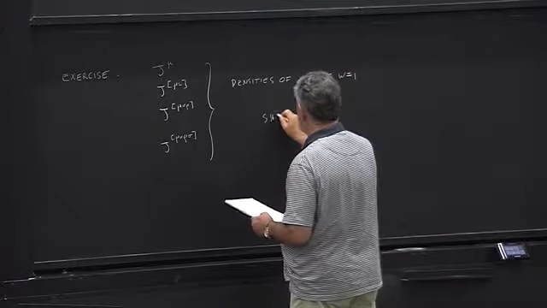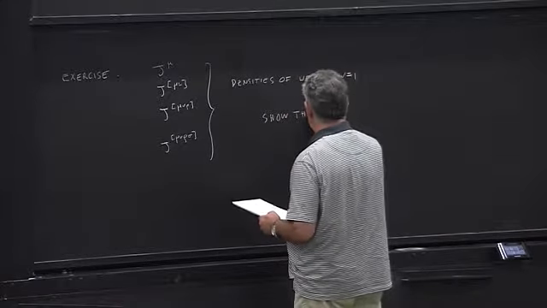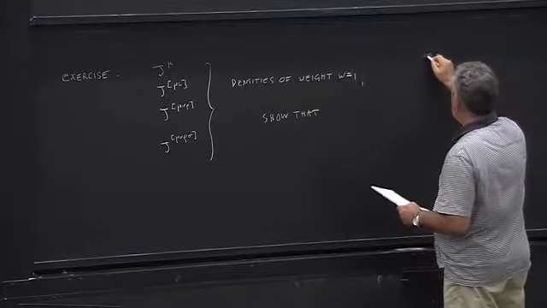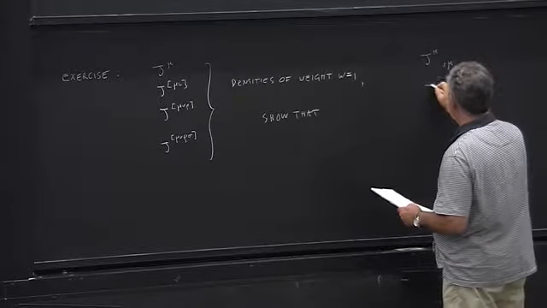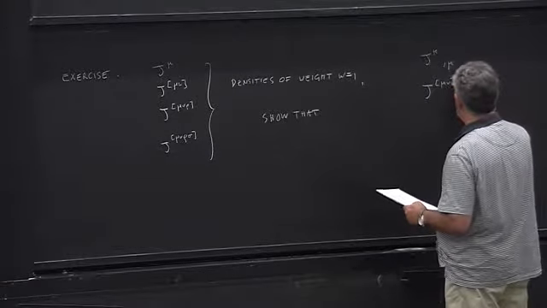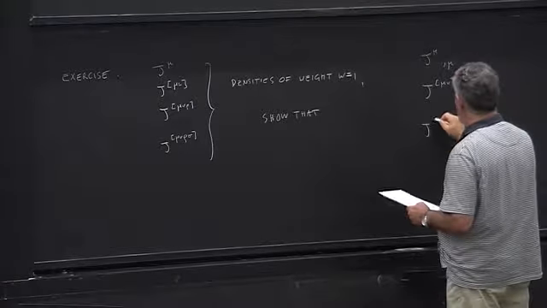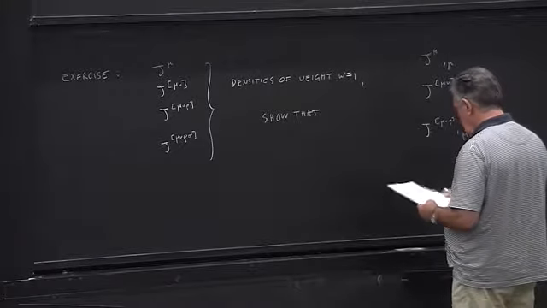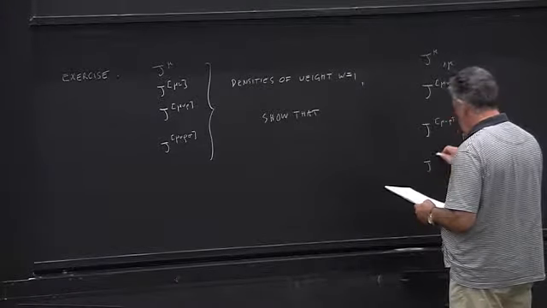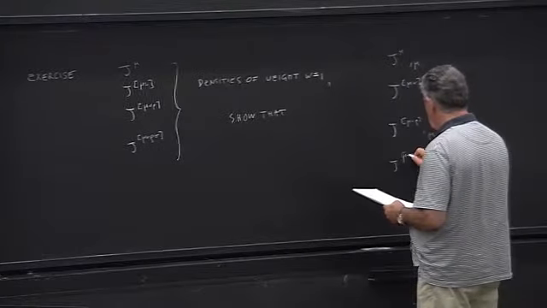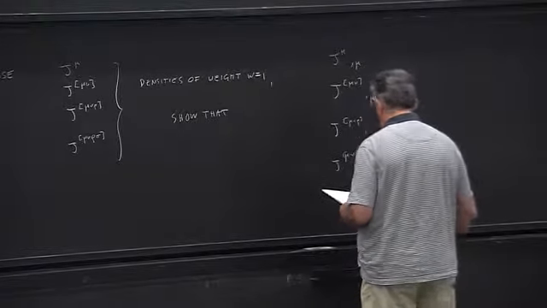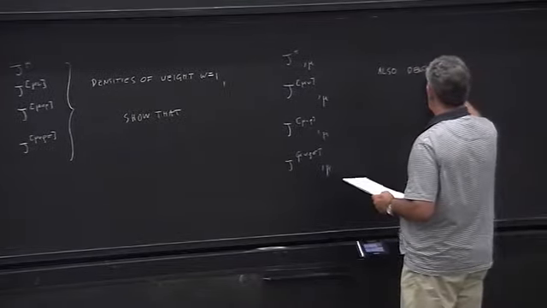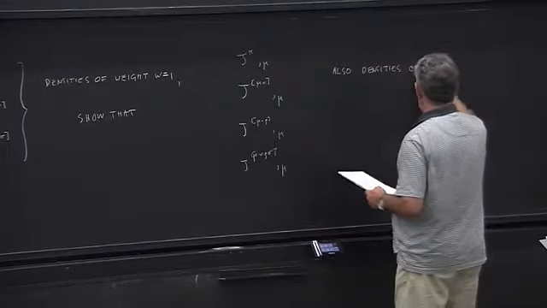Show that J mu comma mu, J mu nu comma mu, J mu nu rho comma mu, and J mu nu rho sigma comma mu are also densities of weight 1.